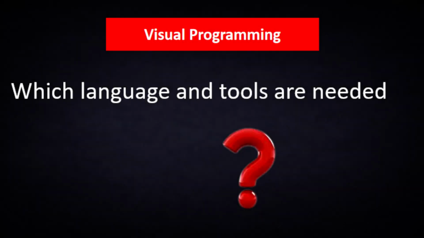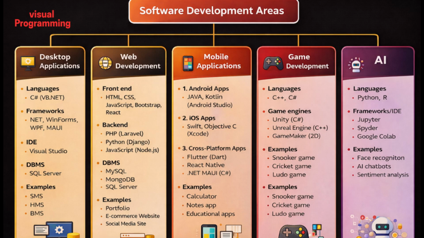So now, which programming language and tools are needed to start development of desktop applications using visual programming? We have already discussed that for desktop application development using visual programming, we need C# or VB programming language.